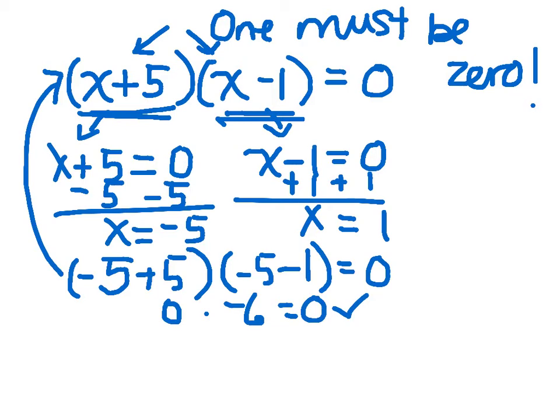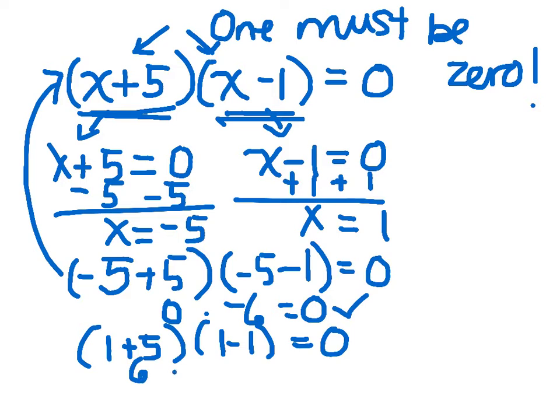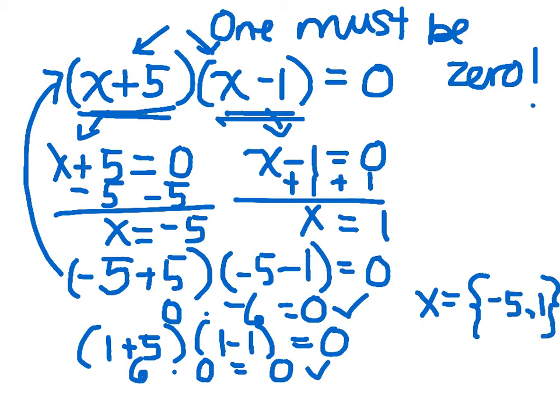I can now plug in 1. 1 plus 5 times 1 minus 1 equals 0. Is that true? Is 6 times 0 equal to 0? Yes, it is. So there are two solutions, and we write them using set notation. The two solutions to this equation are -5 and +1. We know they're solutions because we've plugged them in.